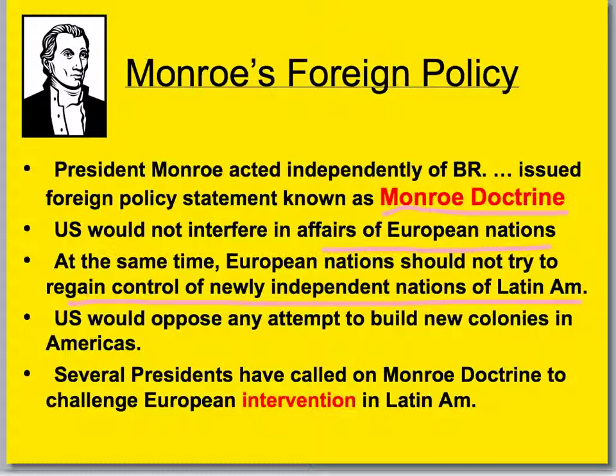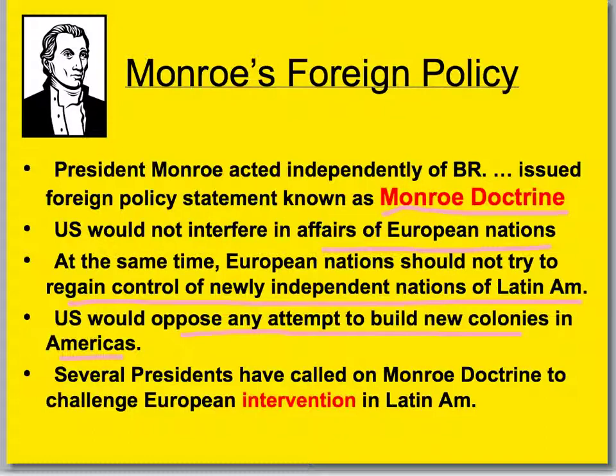And if you do, the United States says they will oppose any attempt to build new colonies in America. What does that mean? It's saying, if any of you European countries try to come back into the New World and establish colonies or regain colonies, we will fight you. We'll fight you.